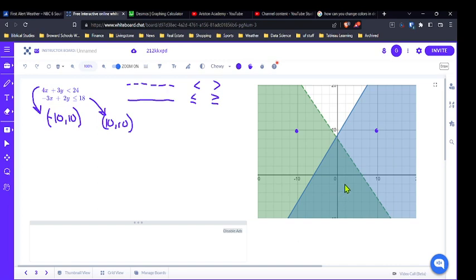But notice that the area that has a blend of blue and green is the solution region to the whole system, both inequalities. So remember, a system of linear equations is two or more linear equations. Well, a system of inequalities is two or more inequalities.